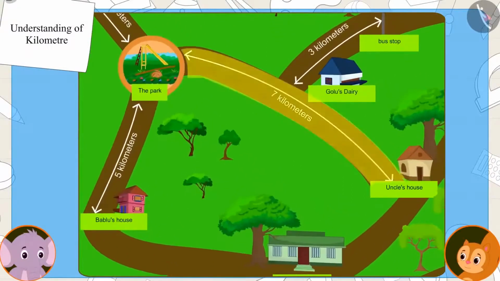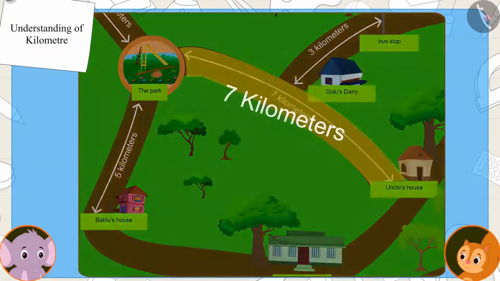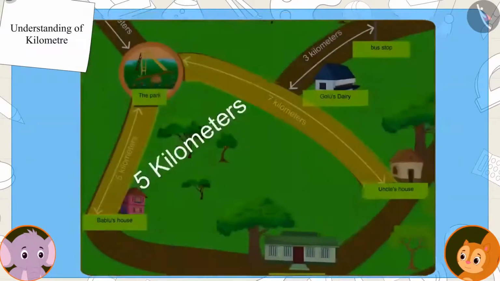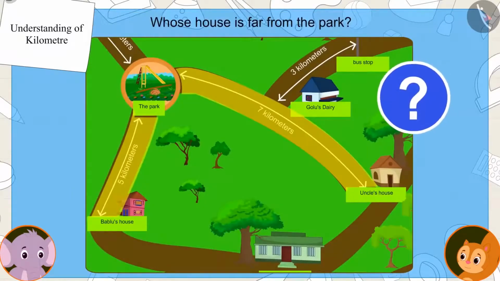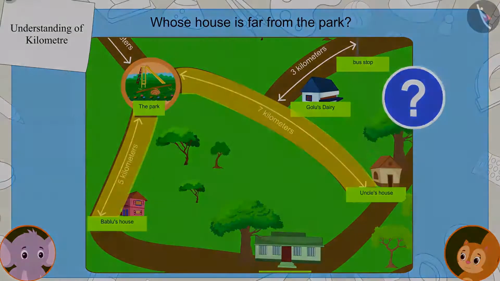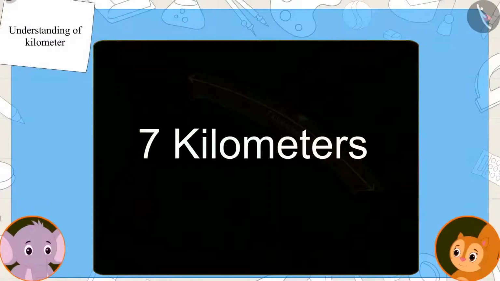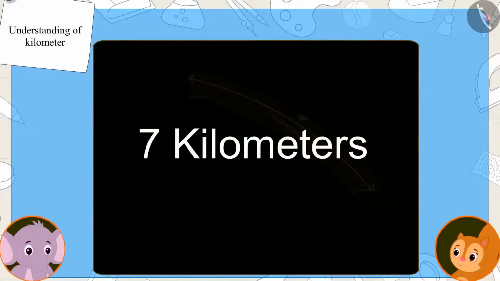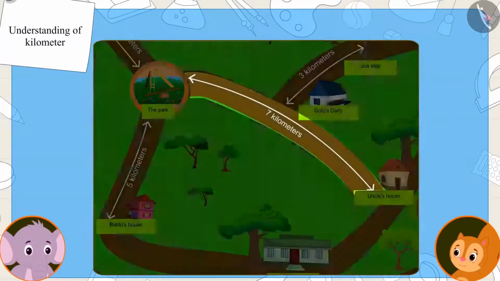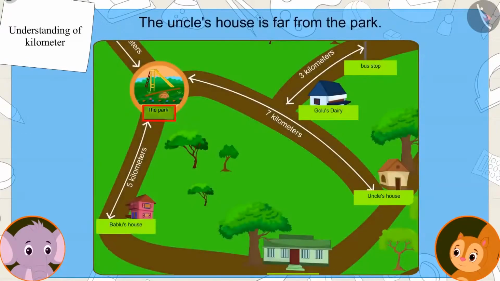If uncle's house is 7 kilometers from the park and Bablu's house is 5 kilometers away, then whose house is more distant from the park? Children, do you know the answer to Appu's question? Yes, since 7 kilometers is greater distance than 5 kilometers, uncle's house is at more distance from the park.